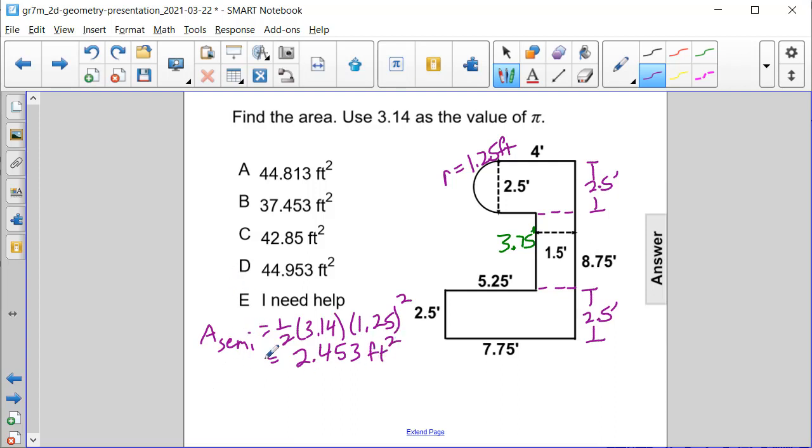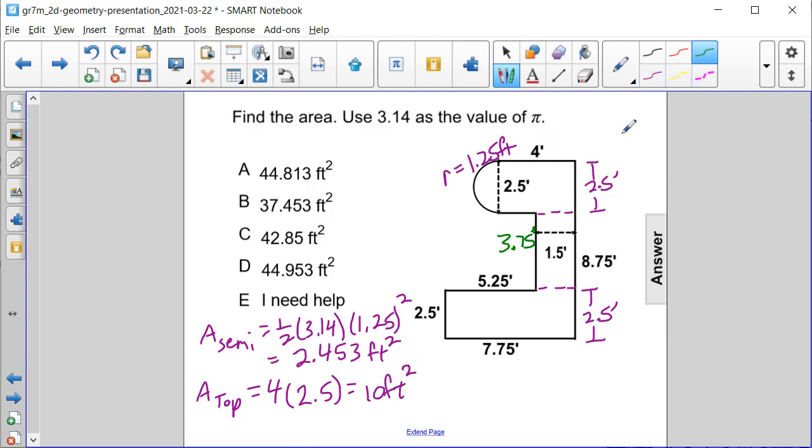Okay, and now let's find the area of this top rectangle. And that's going to be 4 feet by 2.5 feet. So if we have 4 times 2.5, that will be 10 square feet for that one.